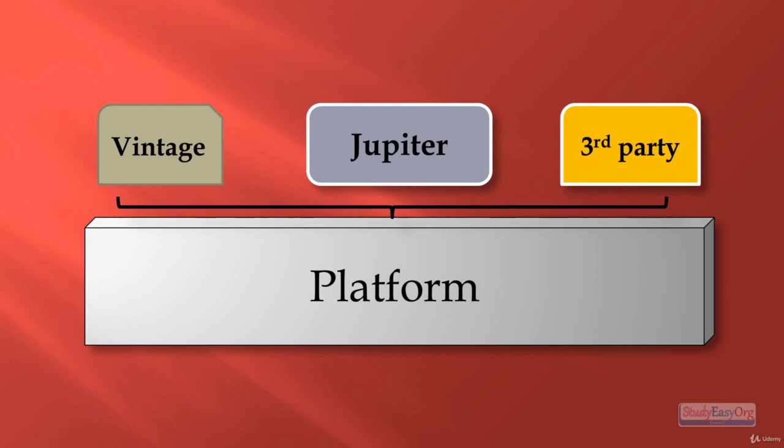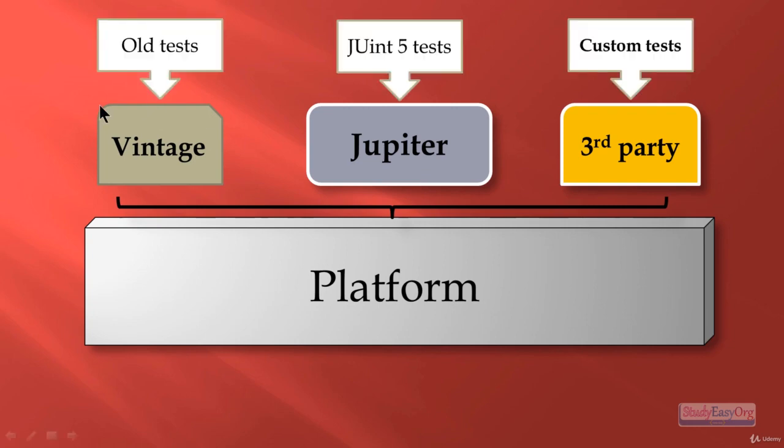Alright, now moving forward, let us check a couple of things. Whenever you wish to run the old test cases which are built using, for example, JUnit 4, we can make use of the Vintage API. Alright, so the Vintage API also comes with JUnit 5. We can indeed run the old test cases using JUnit 5.